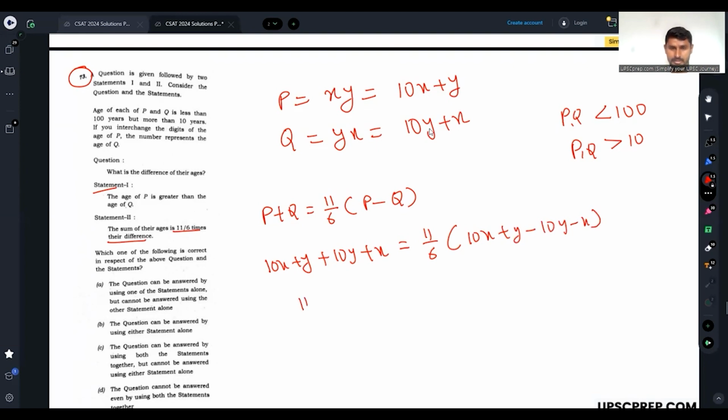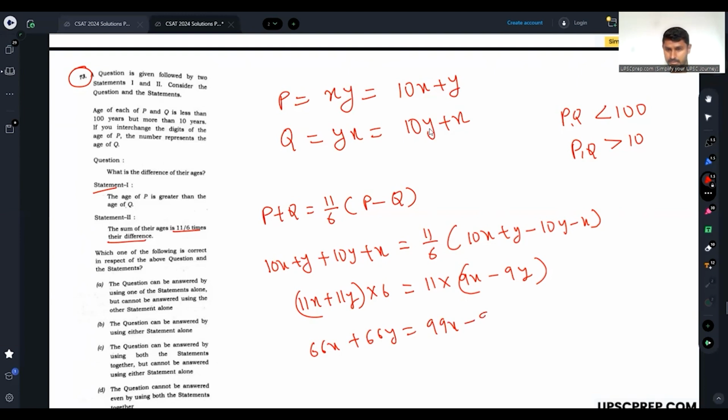So this will be 11x plus 11y into 6 equal to 11 into 9x minus 9y, right? If you solve it further, it will be 66x plus 66y equal to 99x minus 99y, right?